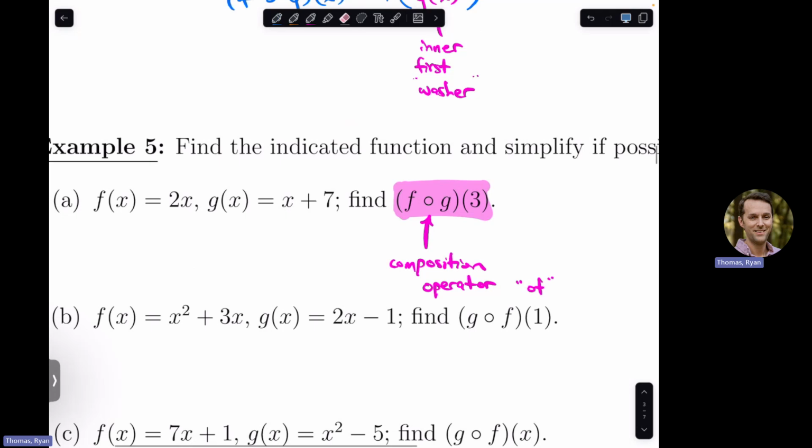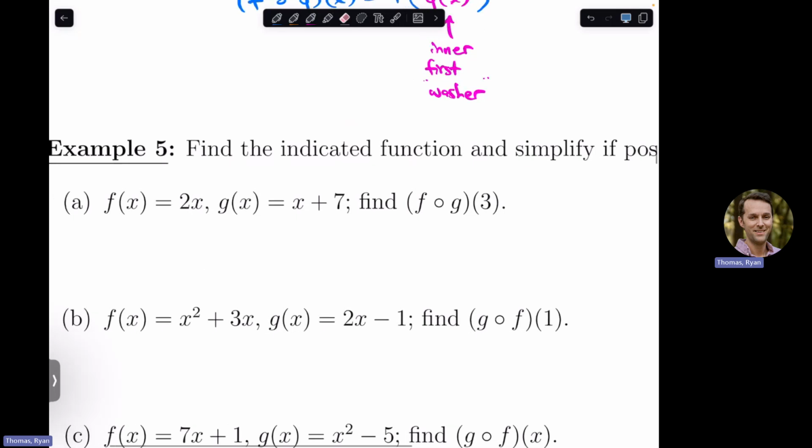So if it has a 3, then we're not going to be writing a thing that's in terms of x anymore. Our final answer is just going to be a number. And what we want to do is start by finding g of 3.